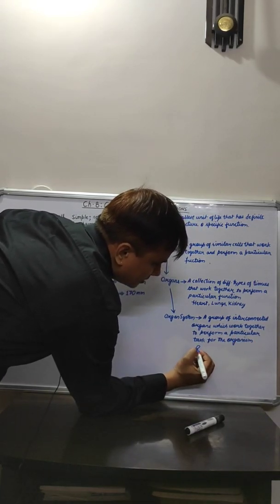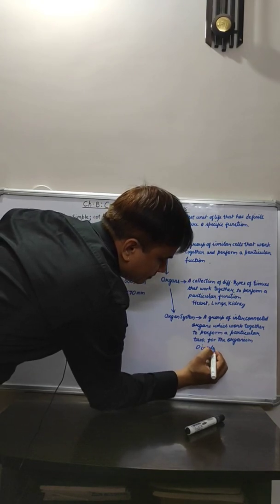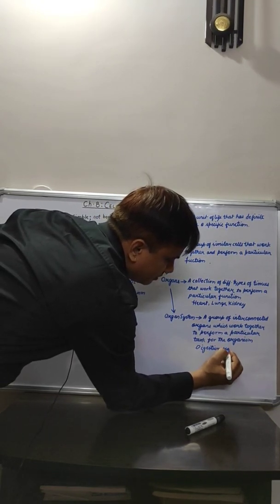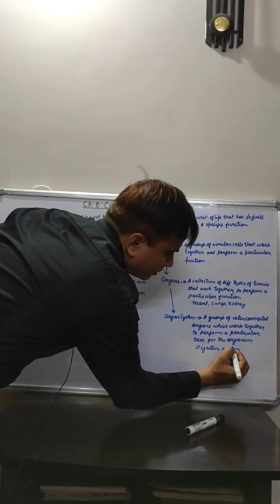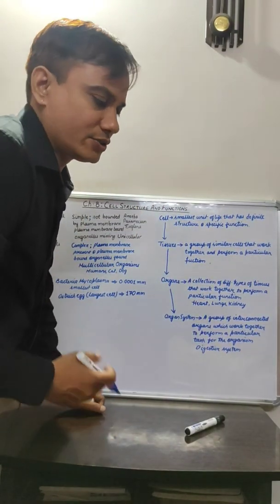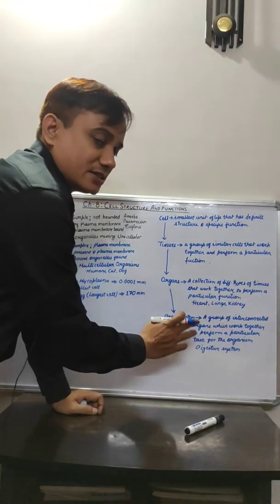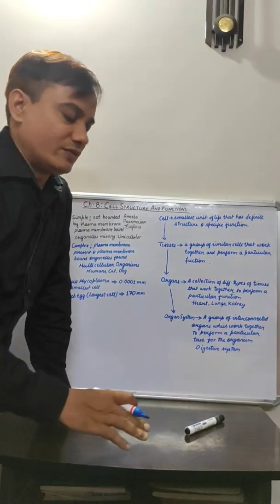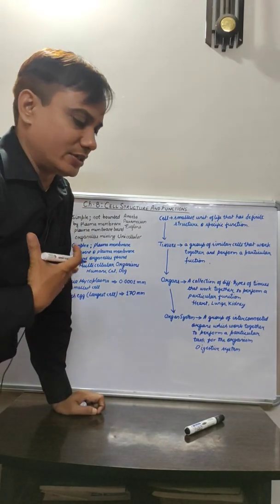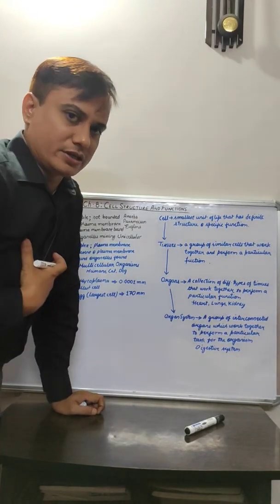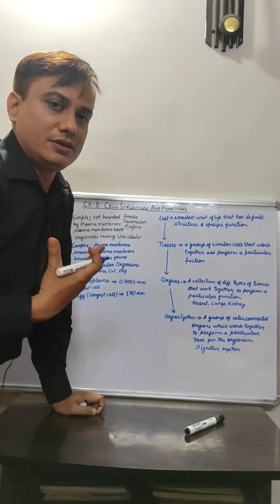Like the digestive system. If I am talking about the tongue, it is not related to the stomach, but it is a part of the digestive system. In the same way, the respiratory system is about the lungs. The lung is an organ responsible for respiration.